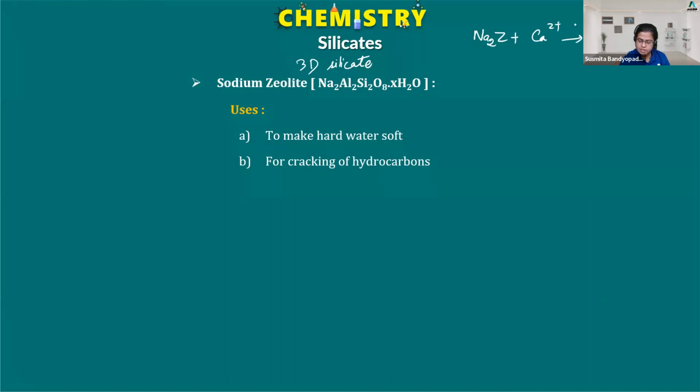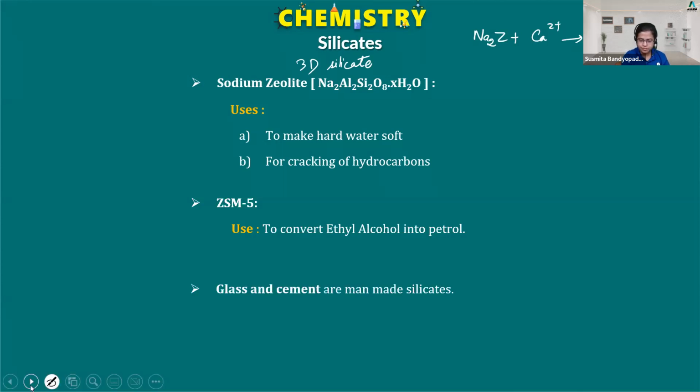The Ca2 plus is a hardness causing ion, it will be precipitated. Students, you should also know that ZSM5 is a type of zeolite. It's given in NCERT. It converts ethyl alcohol into petrol. Glass and cement are man-made silicates. These are certain facts which they can ask from NCERT.